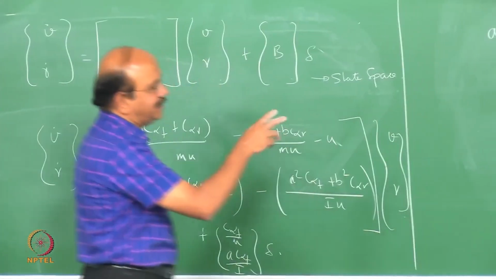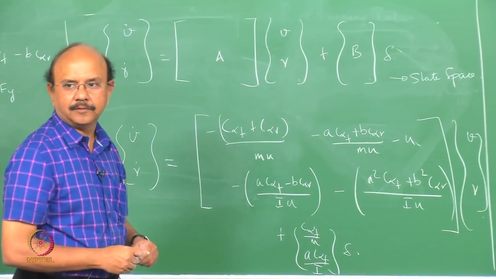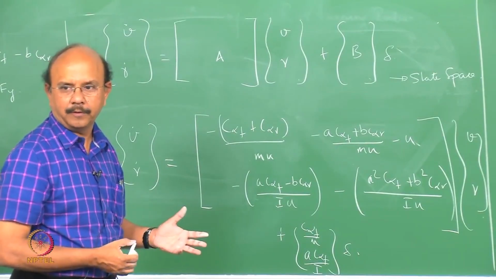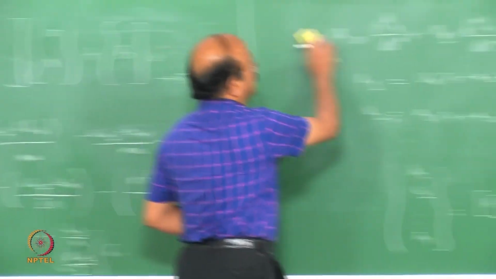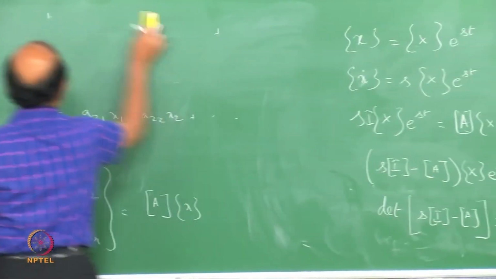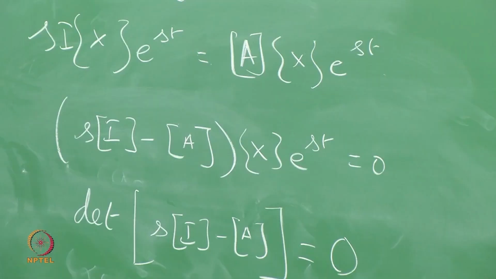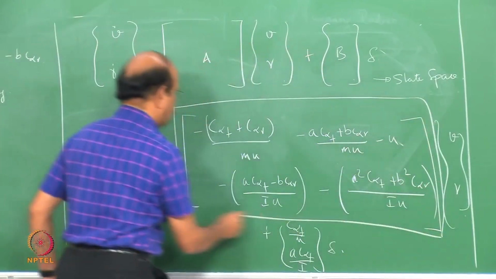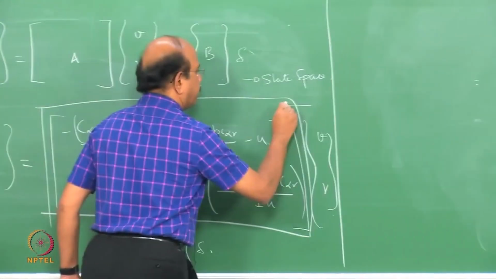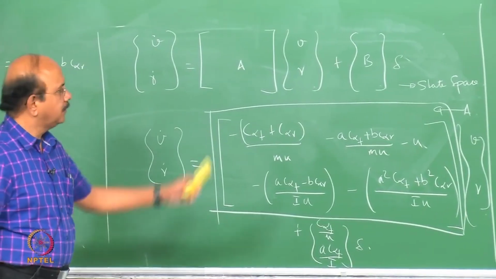So now the determinant of that system should be equal to 0. Now what I'm going to do is express it. I know what A is.